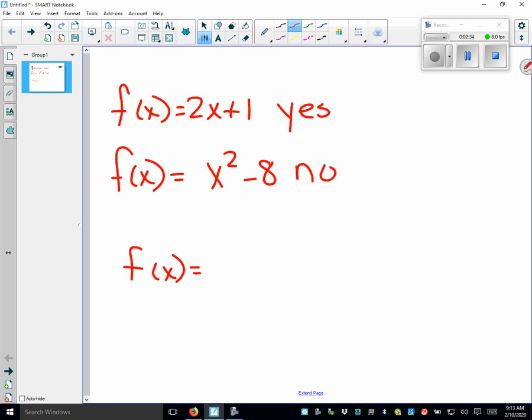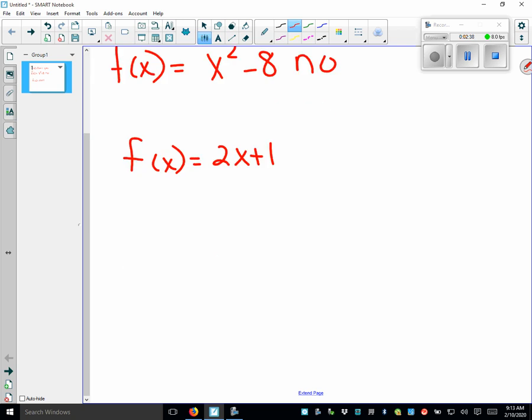If f of x is 2x plus 1, and g of x is x plus 1 over 2, are they inverses?